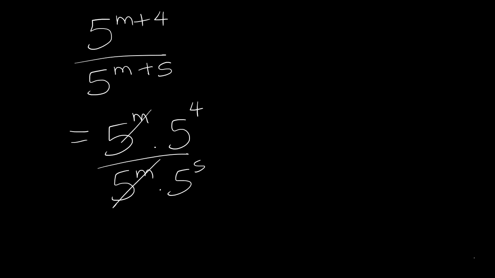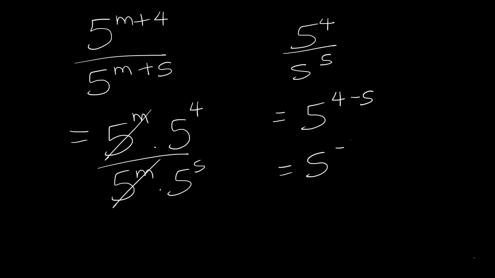Now these two cancel off, so we're left with 5^4 over 5^5. Now we know that this is law 2, so we say 5^(4-5), and we know the answer will be 5^(-1). Now 5^(-1), we know by the law of exponents, will be 1 over 5, and that will be the final answer.